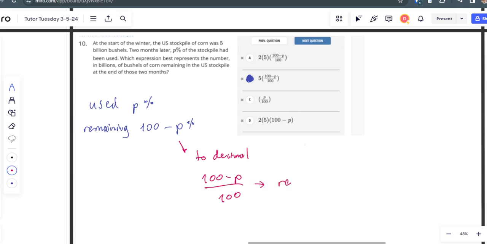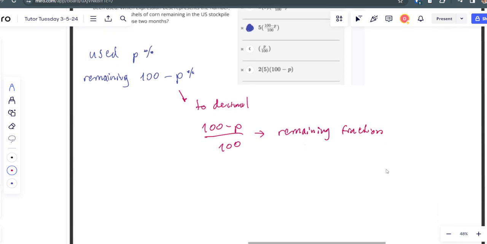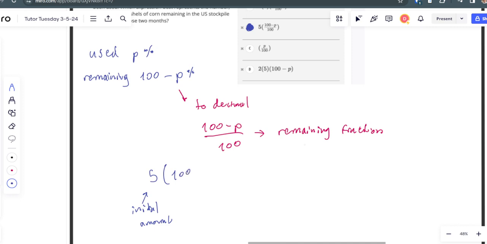That is the remaining amount, or remaining fraction. So we multiply the remaining fraction times the initial amount: 5 times 100 minus P over 100.